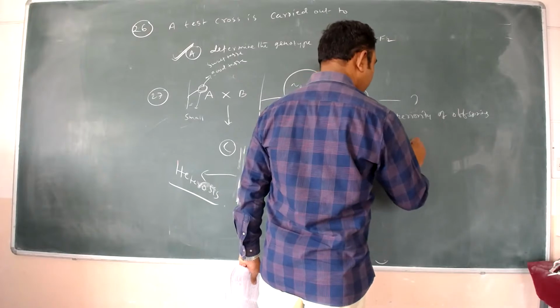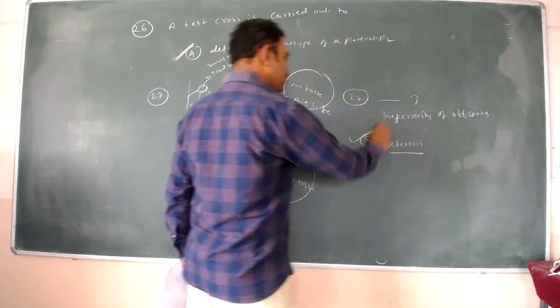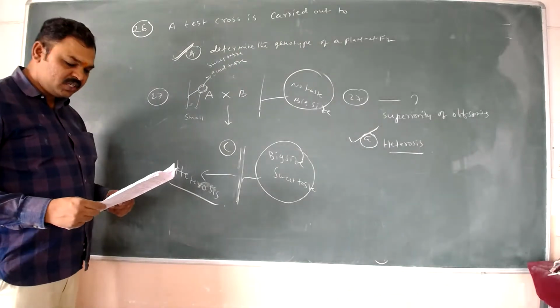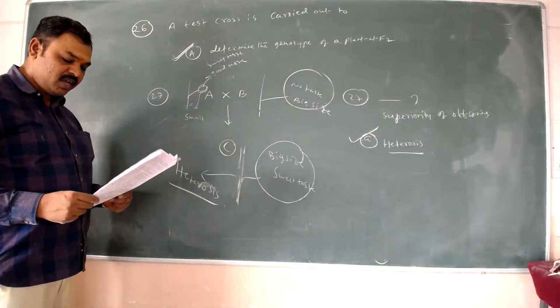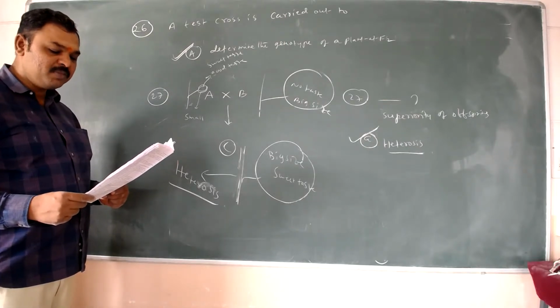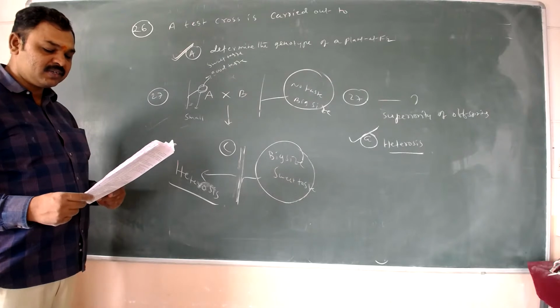The answer is heterosis. You can check with your sheets. Next, 28: which of the following conditions correctly describes the manner of determining the sex?